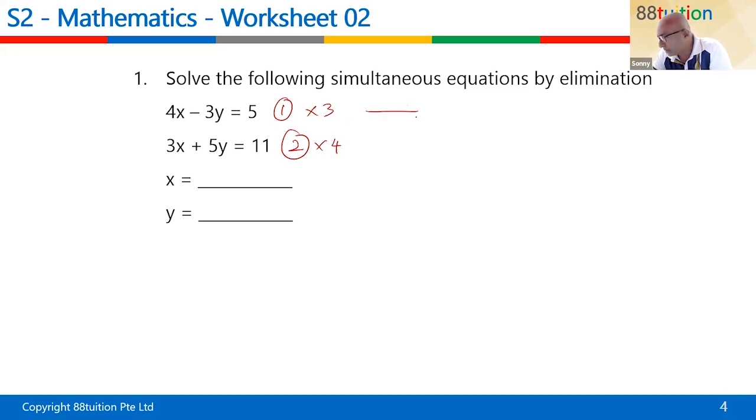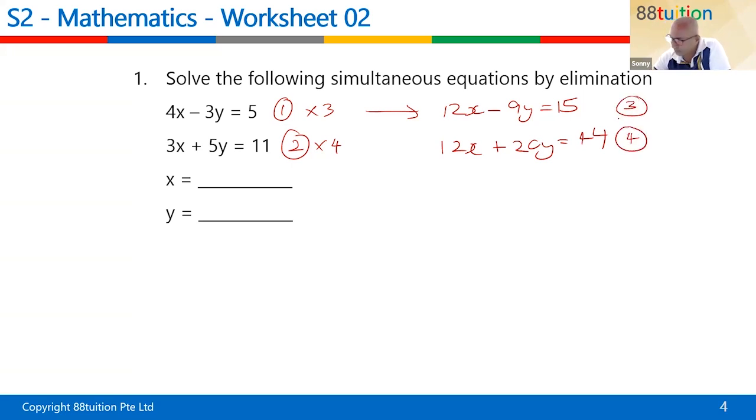So when you do that, you'll get 12x minus 9y equals 15 and 12x plus 20y equals 44. You saw that? You can label this as equation 3 and equation 4.